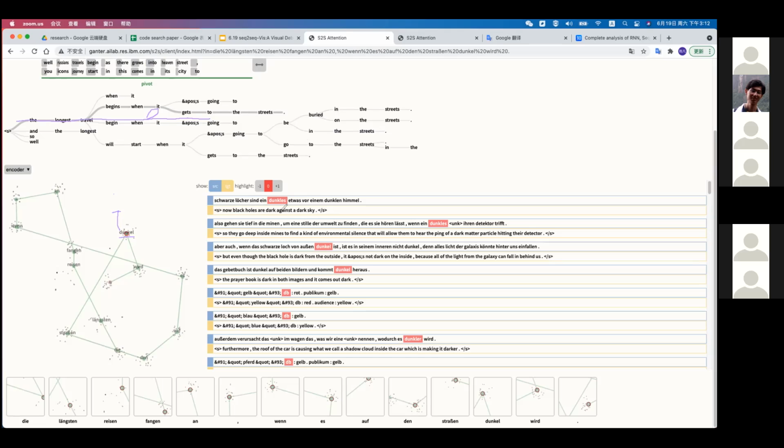And then you can see that many neighbors in this circle are just the same word as "darkos". That means this encoder state is right, because other sentences also have the same encoder state or encoder vectors. Maybe some words are not true, but most words are the same word as "darkos".